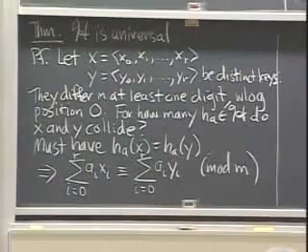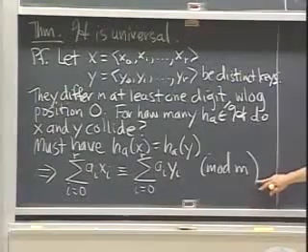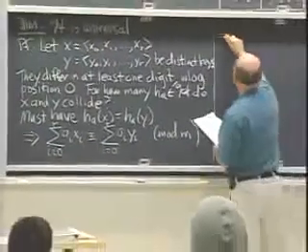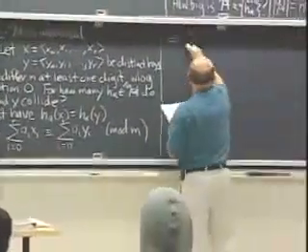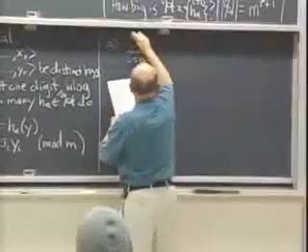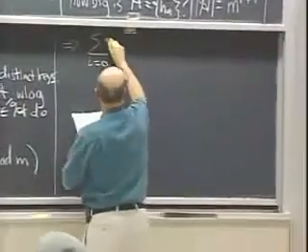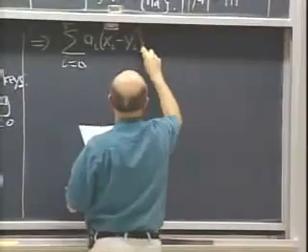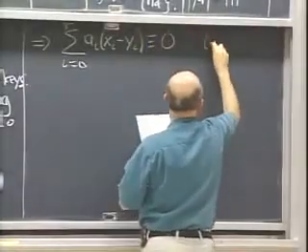Okay, so everybody with me so far? This is just applying the definition. So that implies that the sum of i equals 0 to r of a sub i times (x sub i minus y sub i) is congruent to 0 mod m.